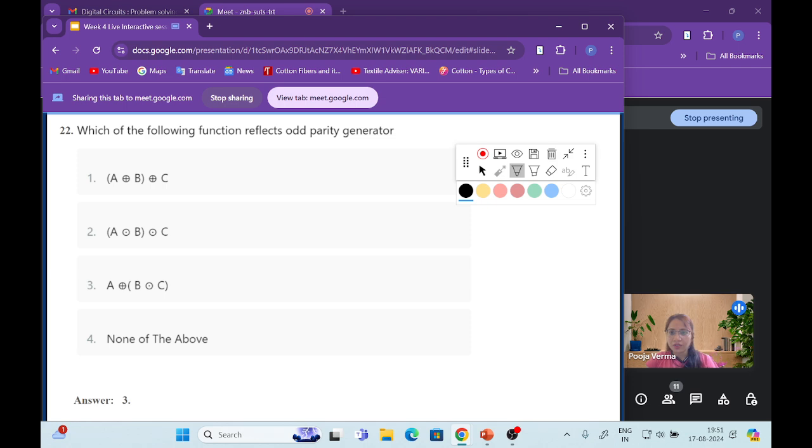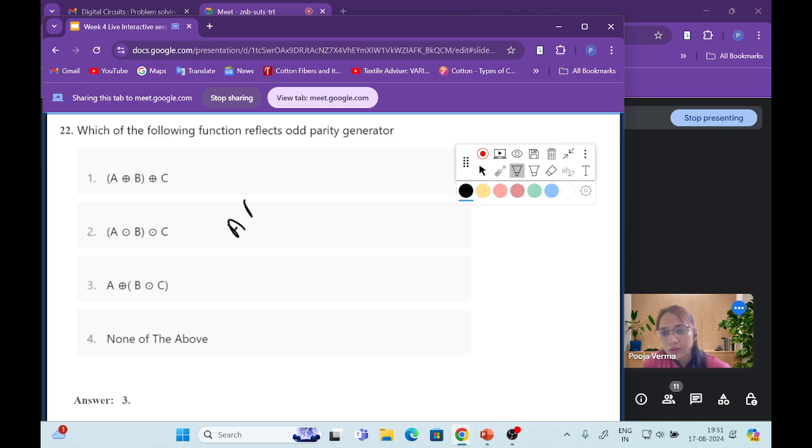Next one is, which of the following functions reflects the odd parity generator. Already told you, for an odd parity generator the output is 0 when there are an odd number of ones in the given bits. Here only a 3-bit representation is there in all the options, so we will take only 3 bits. Let's see what the function for the odd parity generator will be.